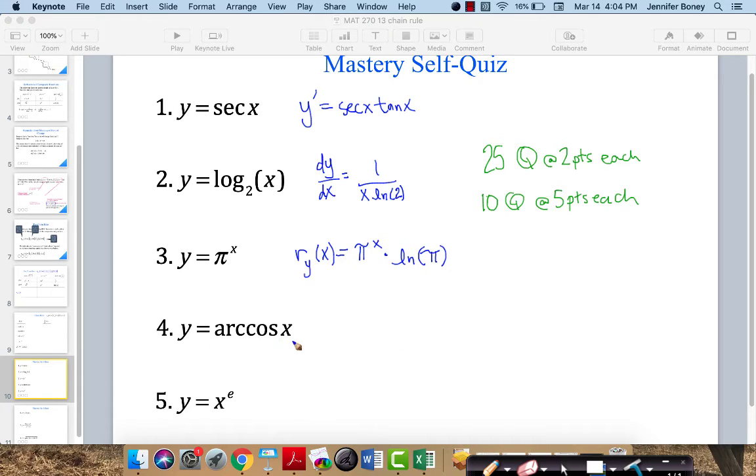Arc cosine of x. Well, it's not a very pleasant function, but arc cosine of x, if you memorize your rules, derivative of this is a fraction, has a negative sign in it, as does arc cosecant and arc cotangent. The denominator here is the square root of 1 minus x squared.